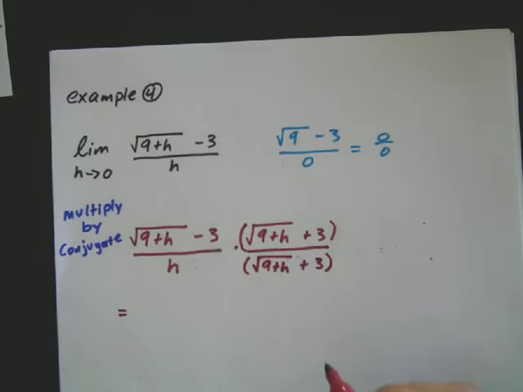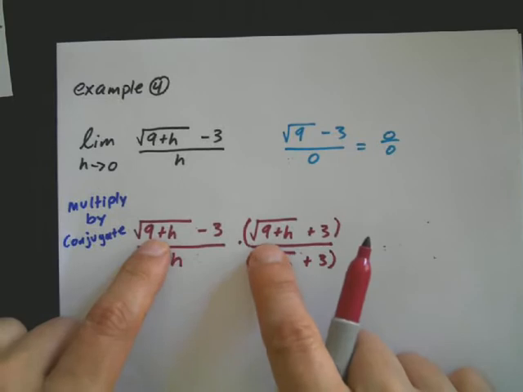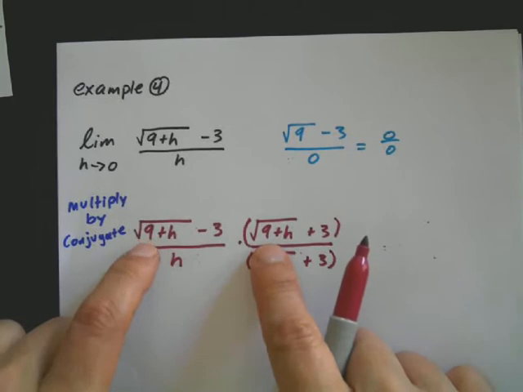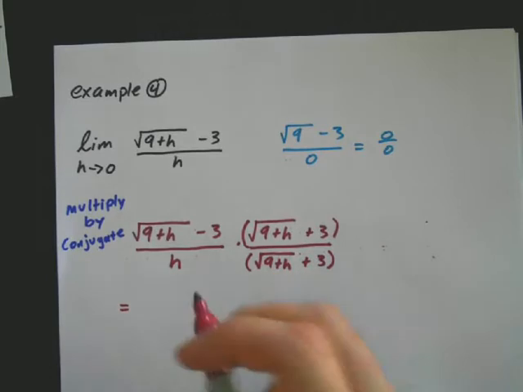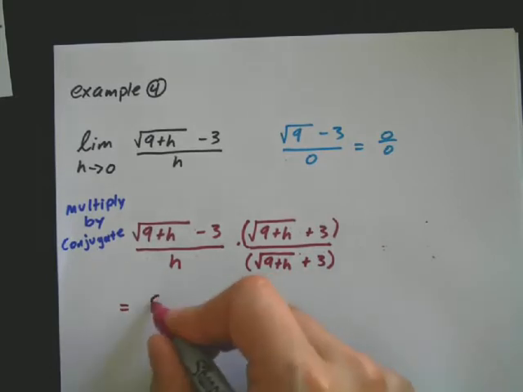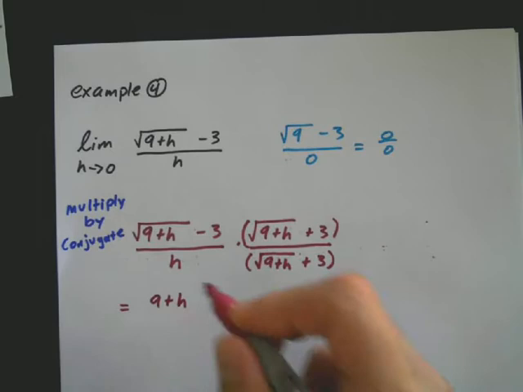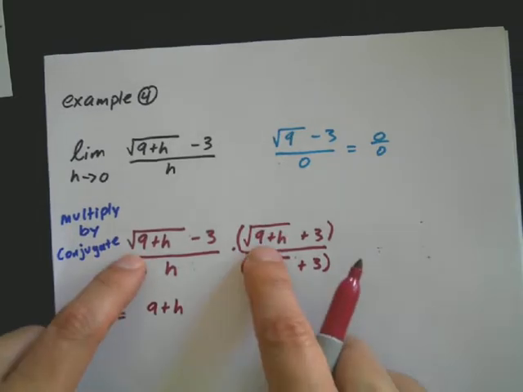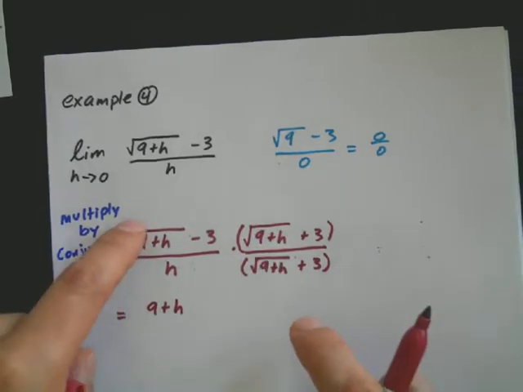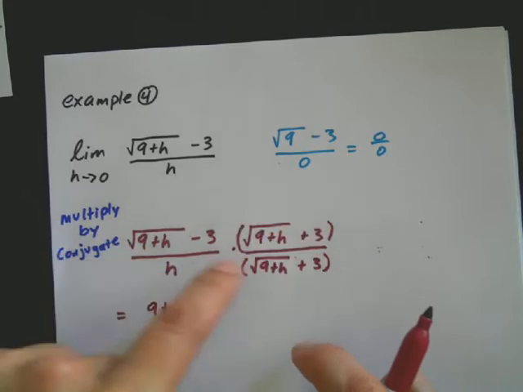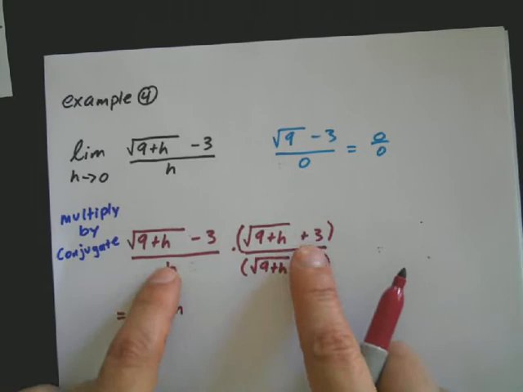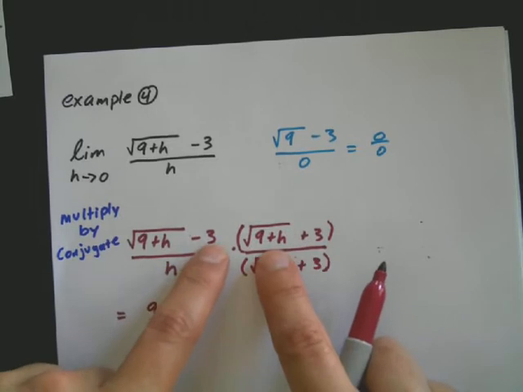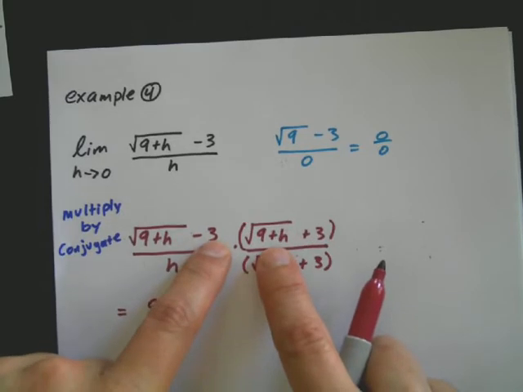And now this turns into, well, when I multiply the square root of 9 plus h and the square root of 9 plus h, it's going to be just 9 plus h. The radicals cancel out. Then when I FOIL out this one times this one, one's going to be positive, one's going to be negative, so the middle part cancels out.